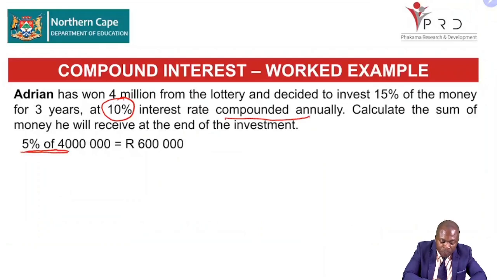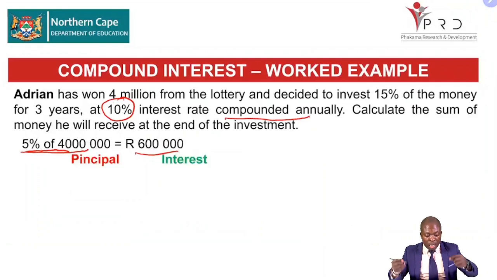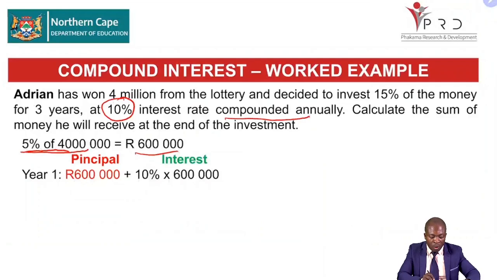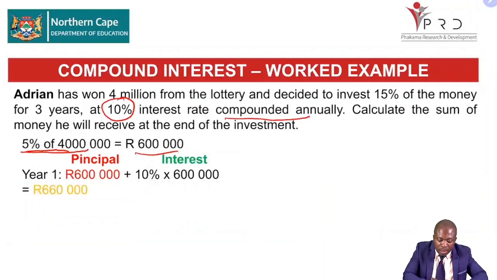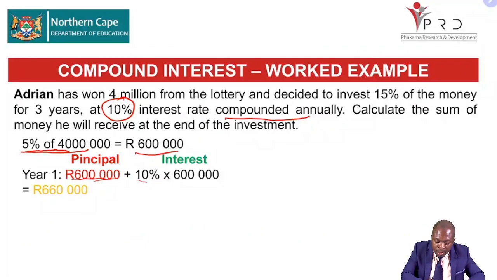Look at here, 5% of 4 million. What do we get? 600,000. I will explain to you as we go. So look at my left side. We've got year 1. My principal amount, the money that Adrian started with is 600,000. Then he's going to get interest of 10%.